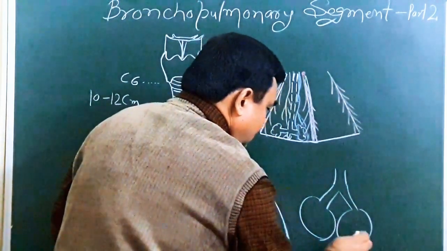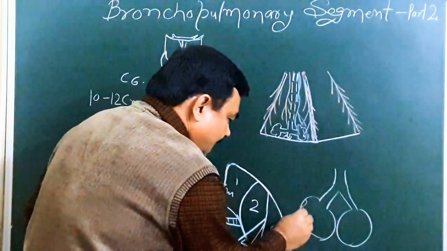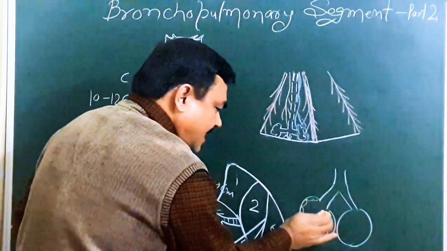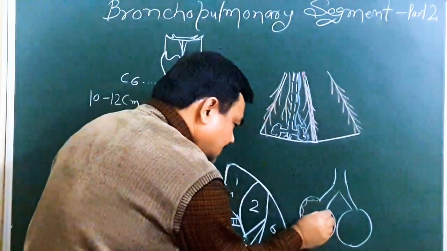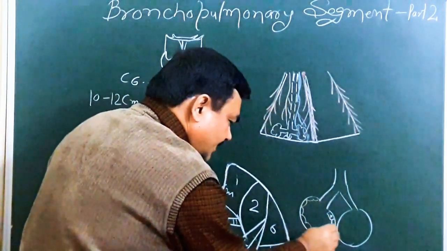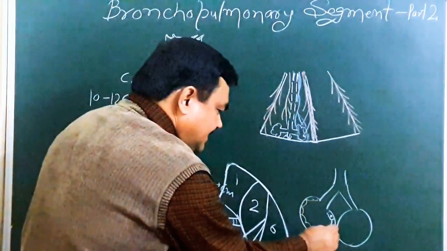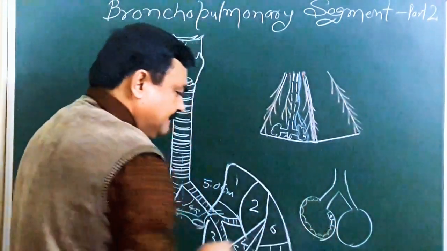If you make a diagram separately, these are alveoli. Alveoli are lined by simple squamous epithelium. At some places, the large cells are present. These are type 2 pneumocytes, and the rest of the cells are type 1 pneumocytes.